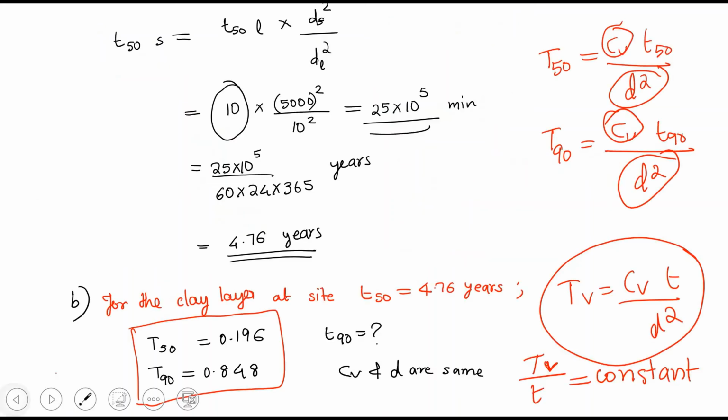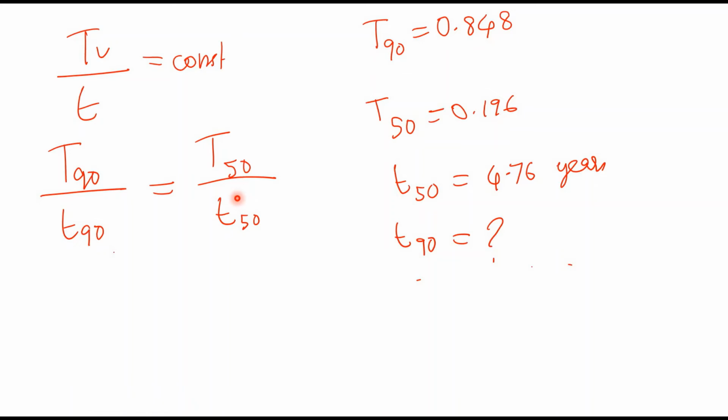Just before, we found that for the site sample whose thickness is 5 meter, single drainage, it takes 4.76 years to reach 50% consolidation. So here T50 is 4.76 years, and the capital T50 we know is 0.196. Capital T90 is 0.848, and we have to find small t90, the time required to reach 90% consolidation.